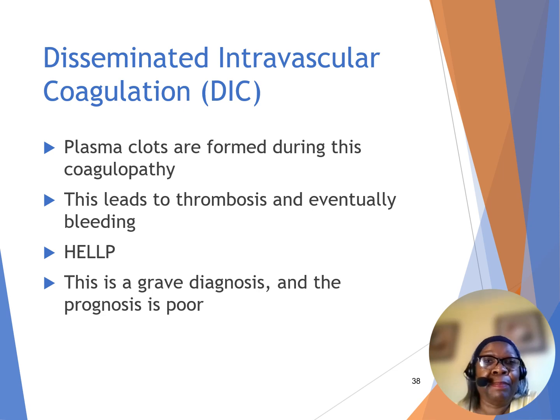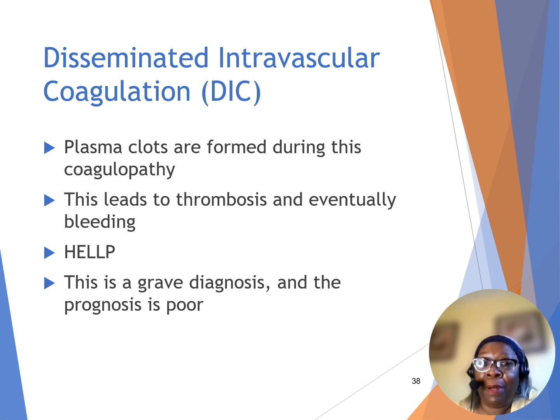But in DIC, the patient is bleeding from every opening in their body. IV site, they're bleeding. Oral, mouth bleeding, vaginal bleeding, rectal, nose, ears, eyes, any opening, blood is coming from there. There is excessive clotting to the point where there are no more platelets. So now there is bleeding, right?